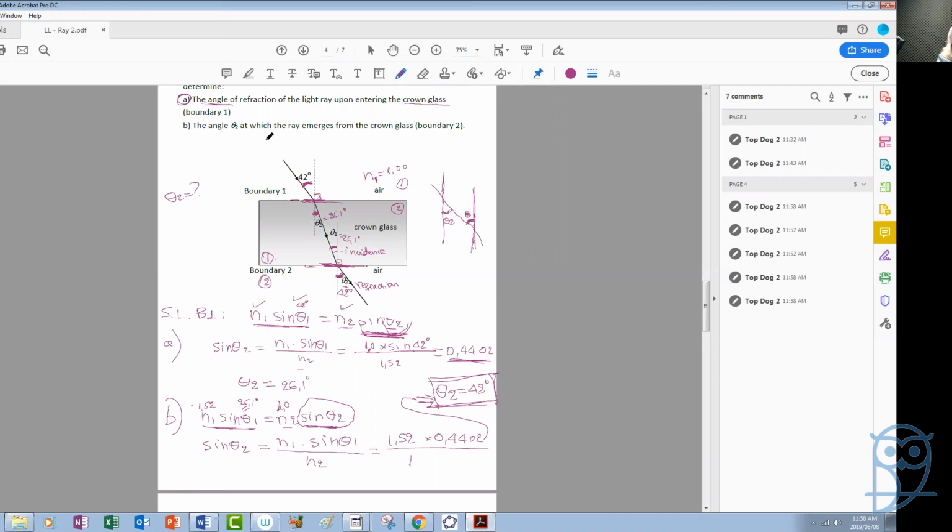So if we compare the initial incident ray and the final ray as it emerges, these two are actually in the same direction. It's just that this ray here is a little bit displaced to the right. The incidence is like that, and then the light as it emerges is in the same direction, but a little bit displaced to one side, to the right in our diagram.